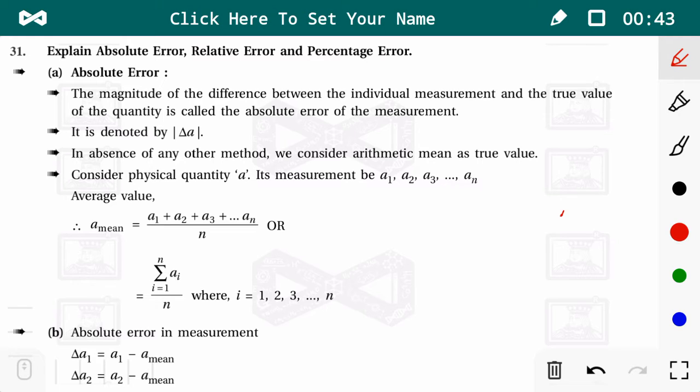First of all, you have to know what absolute error is. Absolute error is the difference between an individual measurement and the true value of the quantity.